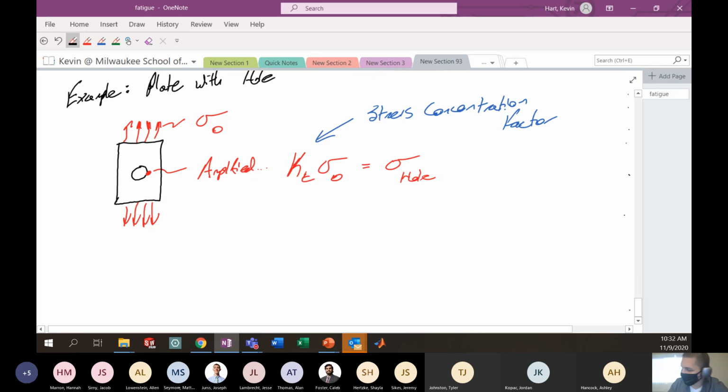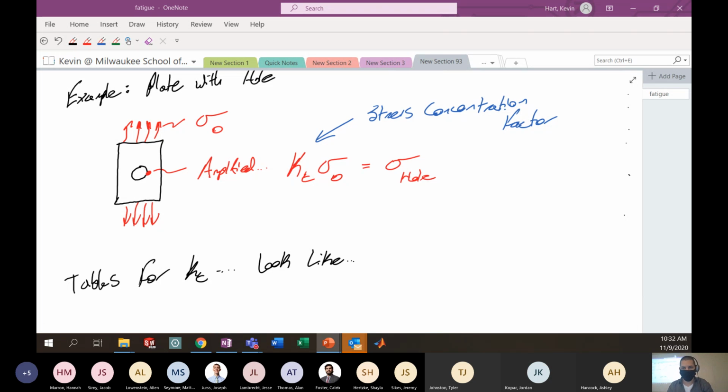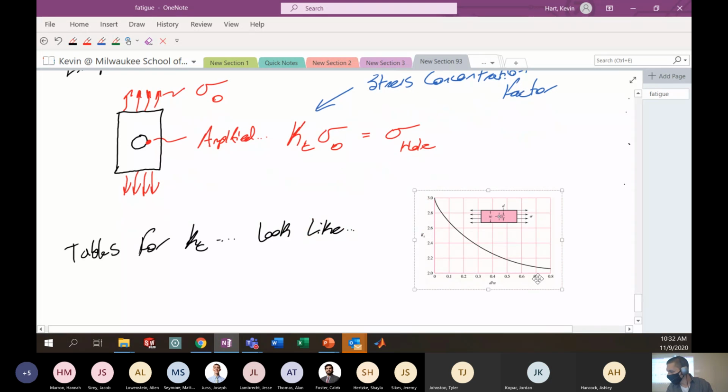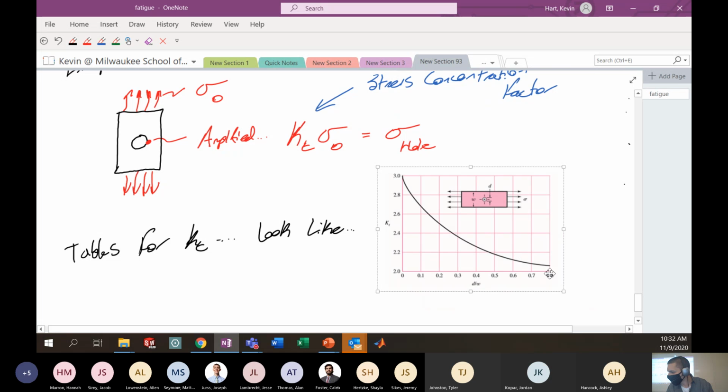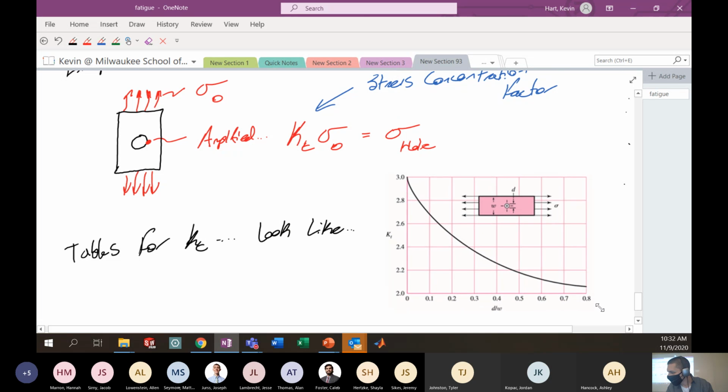Okay. And there are tables for this stress concentration factor, KT, that look like this. This is in the back of your Shigley book. Sorry for the blurriness. It's the best I could do.